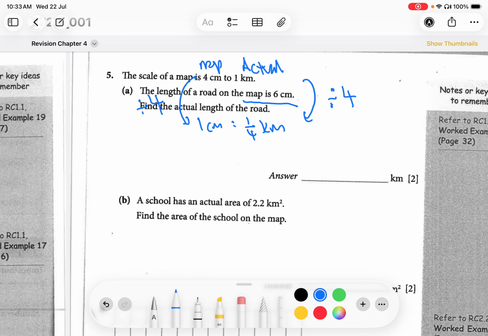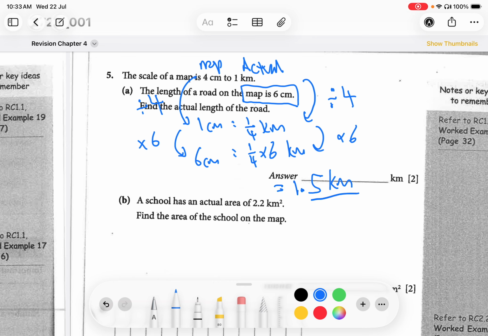Then I want 6 cm on the map, right? I times 6. So here is 1 over 4 times 6 km. So the answer is just 1.5 km. That's all for this part.